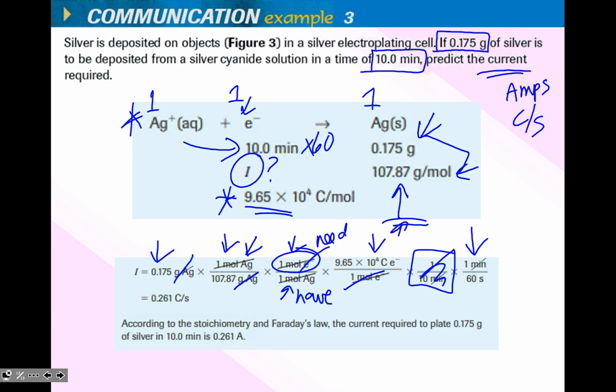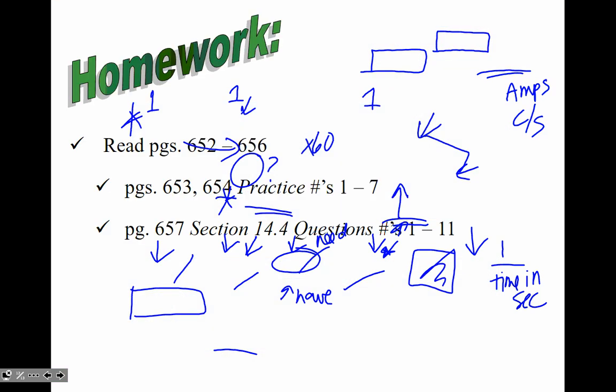And you just make sure it's 1 over your time in seconds. And the reason why it's 1 over the time in seconds is because I want to keep that coulombs per second, right? And that's going to get me 0.261 coulombs per second, or 0.261 amps, which is the same thing.